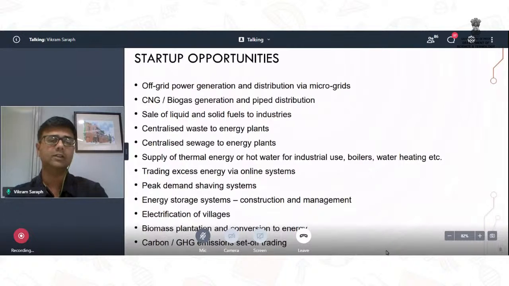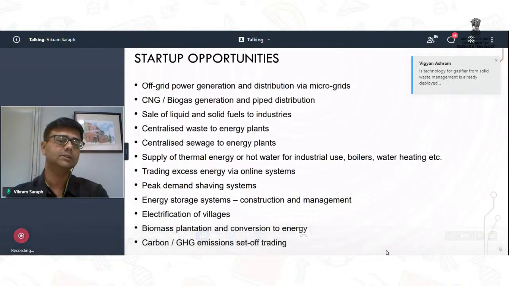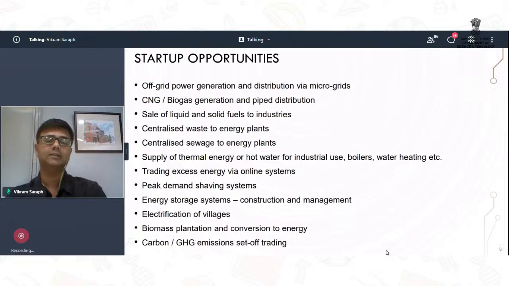We can have centralized waste plants, sewage plants. The thermal energy created from the gasifier can be used for boilers and for industrial purposes. Also, the plastic and the thermocol from industrial packaging can be effectively converted into actual BS6 standard diesel, which is used in industrial boilers and industrial turbines today. We can trade excess energy and make money out of it.